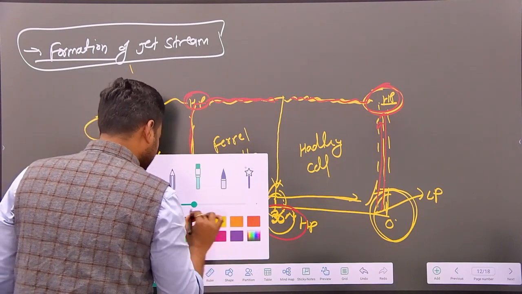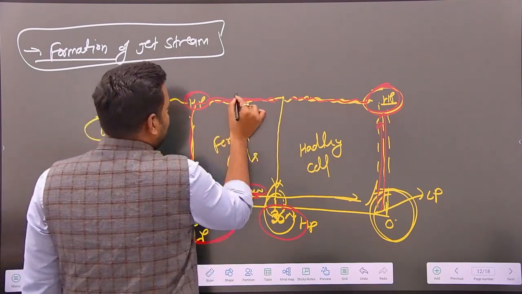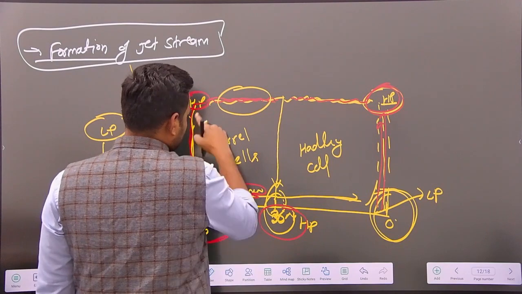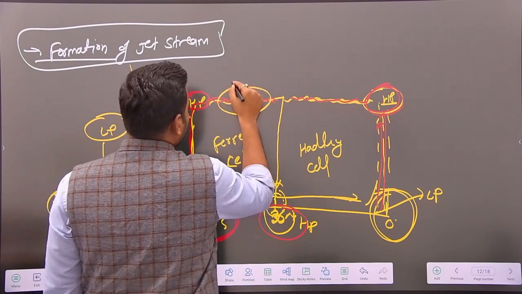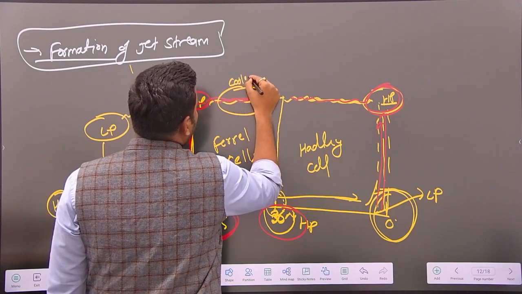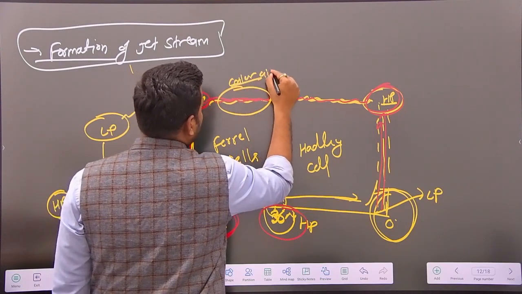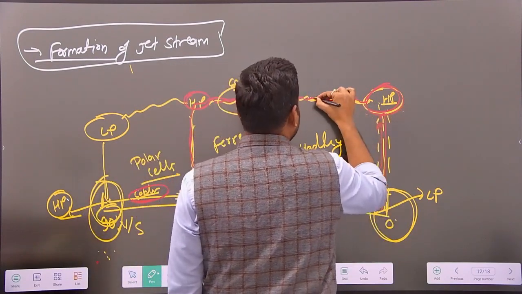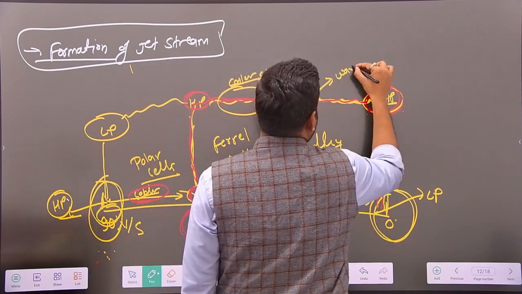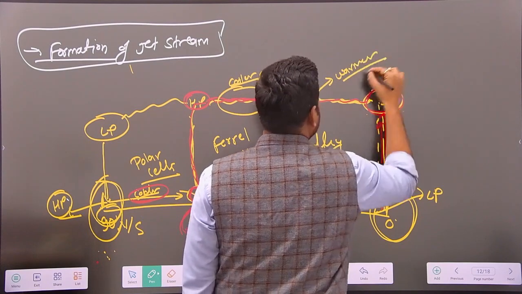Let's find out: this air which is moving from the subpolar region is cooler, and the air which comes from the equatorial region is warmer in character.